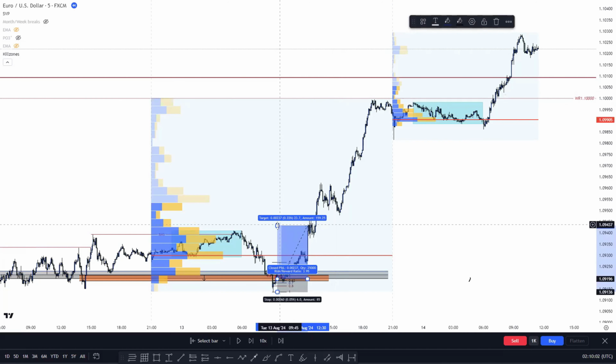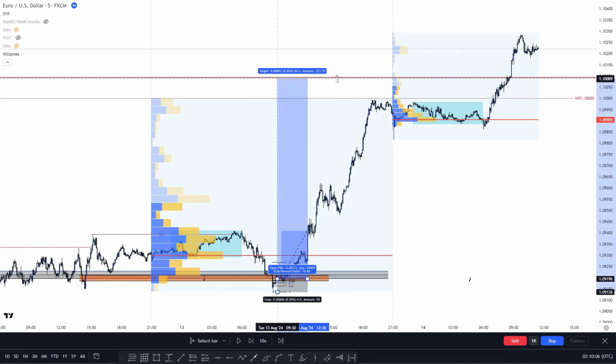Just within an hour, you hit your first take profit, which is about 1:4 risk to reward.